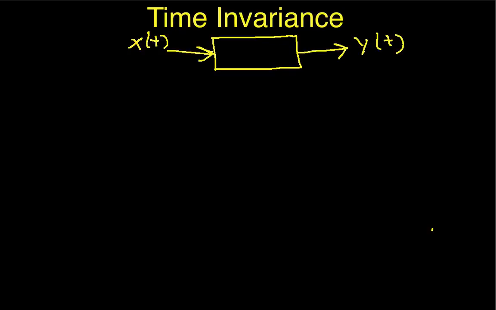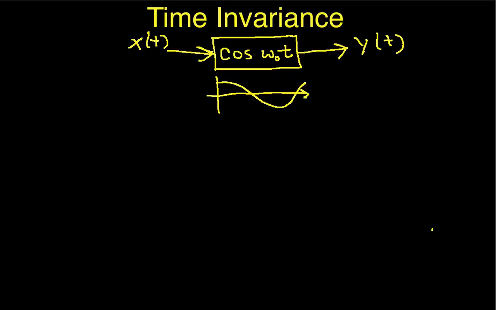But now this system is going to be a gain that is the cosine of some omega 0 t. So basically, the gain of this system is going to start at 1, go down, go up, and so on.